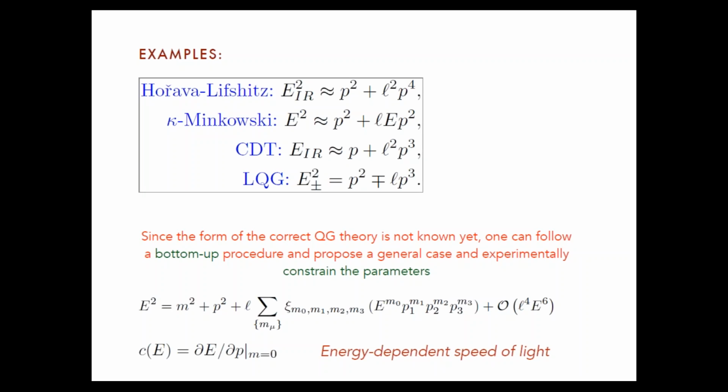Well, since we do not know what is the full theory of quantum gravity, we follow a procedure that parameterizes our ignorance about the full theory. So we propose a general modified dispersion relation and then begin to constrain the parameters to see what are the theories that are most favored or disfavored by data.